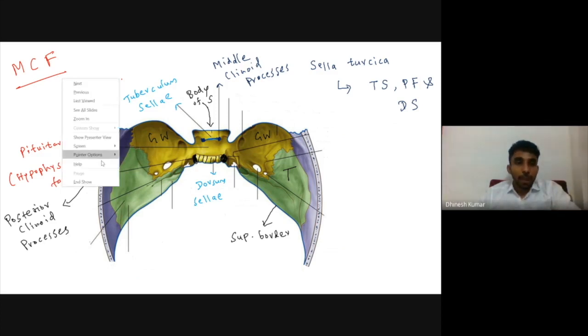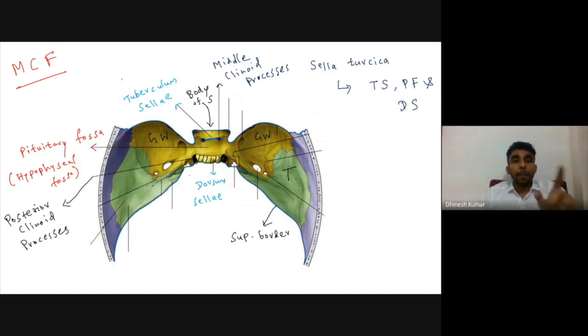Now, coming to some other important features present in the middle cranial fossa, can you see the greater wing of the sphenoid bone containing some foramina? The foramen I am marking now is called the foramen rotundum. Just behind and lateral to the foramen rotundum, do you see one oval shaped opening?